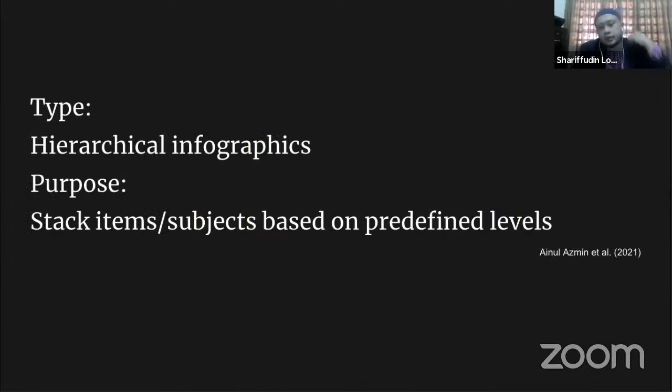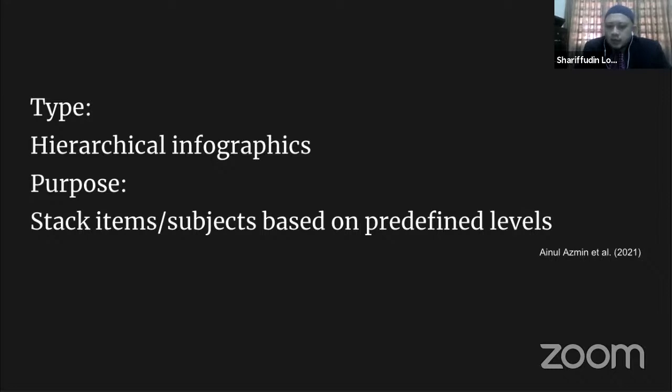Hierarchical infographic. Purpose: tag items, subject based on predefined levels.